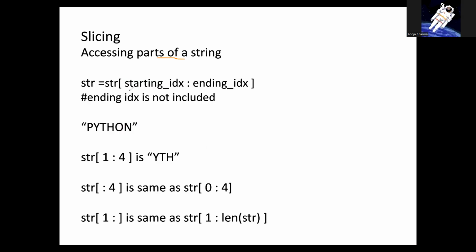So with the help of this, you can give the starting index and ending index. But always remember, if you give the ending index, it will not be included. Like let's see, you have string of 1 to 4. So here this is Python, right? If you type P as 0, what is the index of P? The index of P is 0.